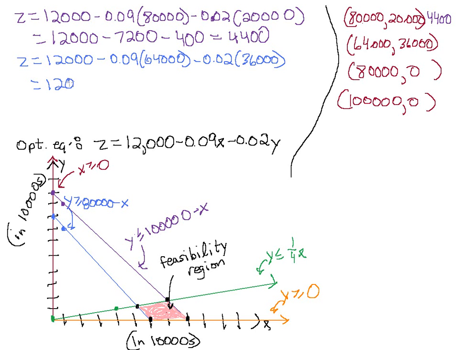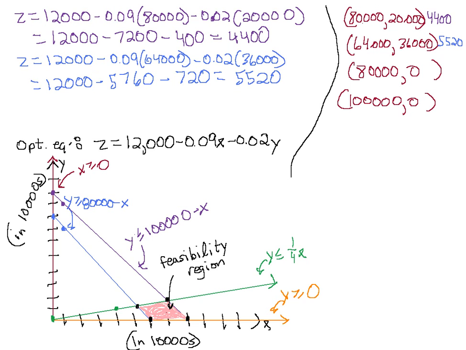So we have 12,000 minus 0.09 times 64,000 will give us 5,760. Then minus 0.02 times 36,000 will give us 720. And this results in $5,520. So this is going to result in a return of 5,520.